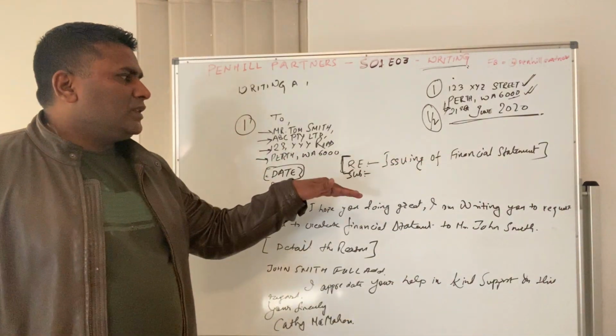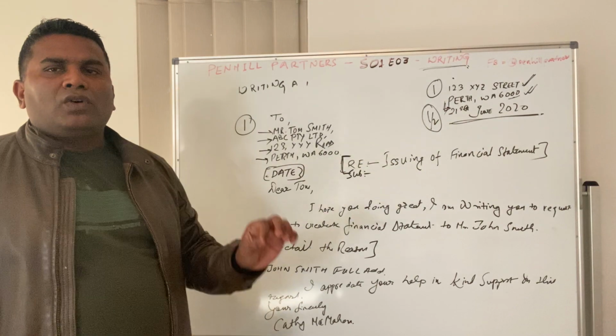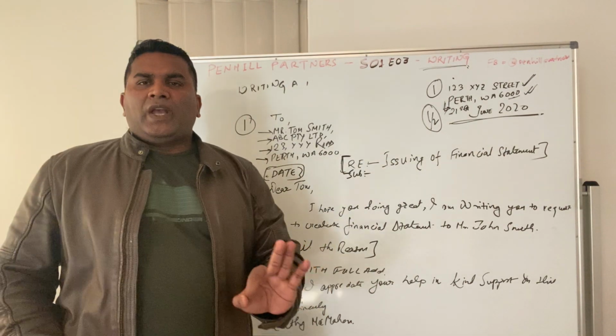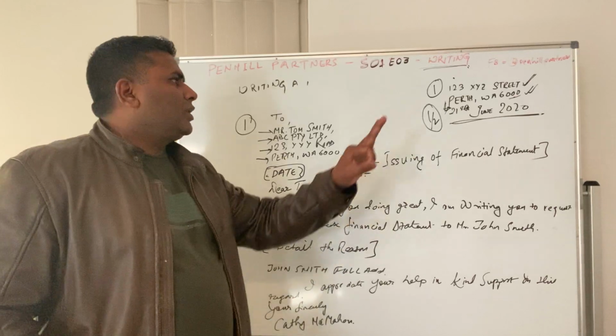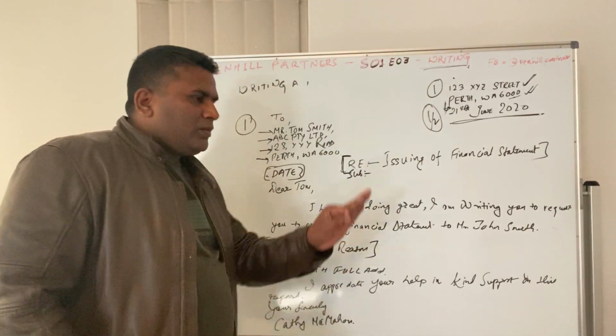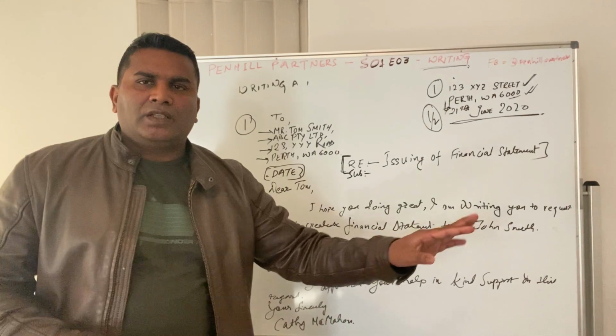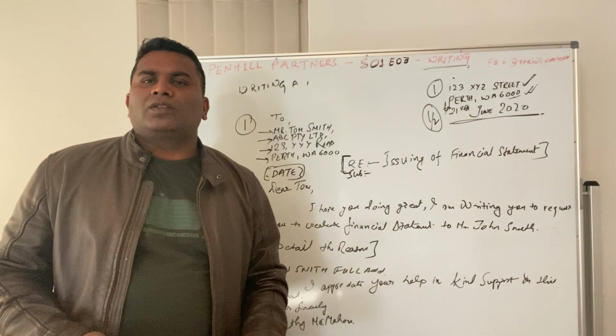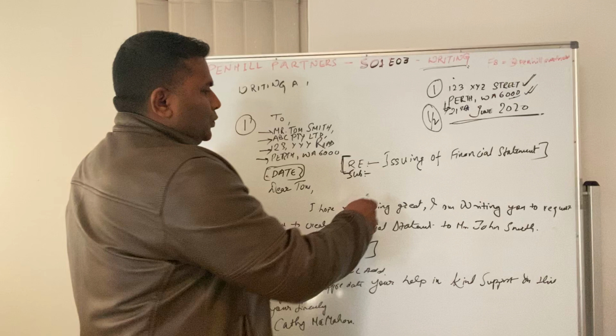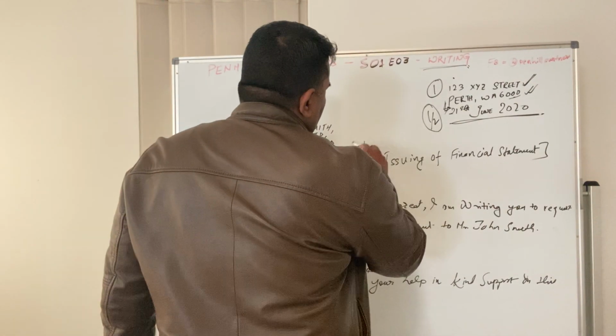If you say issuing a financial statement, it is short and informative, and they know what it is about, and it may be urgent. As soon as you put this one, you get half a mark here.